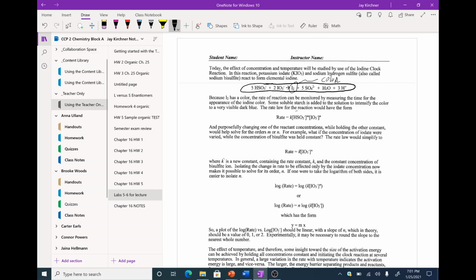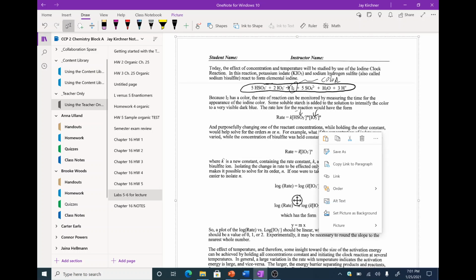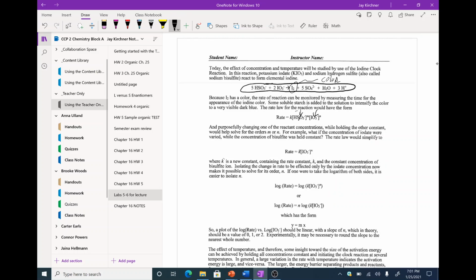So the rate of the reaction, we know because of the two reactants, is proportional to the bisulfite or the hydrogen sulfite and iodate. But we don't know the order of which it depends. In the experiment today where we do data, we're going to vary the concentration of this and see what happens to the rate. Does it get twice as fast if we double it?